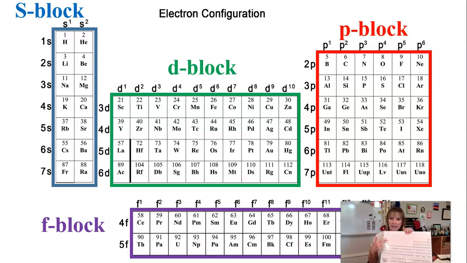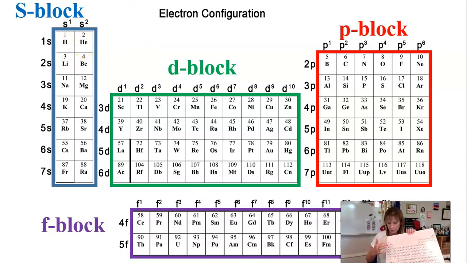Remember, it fills up S first, then the P's, then the D's, and then the F's. It just works that way. In the S block, the S orbital, that little bitty orbital, can only have 2 electrons. 1, 2. 1, 2.